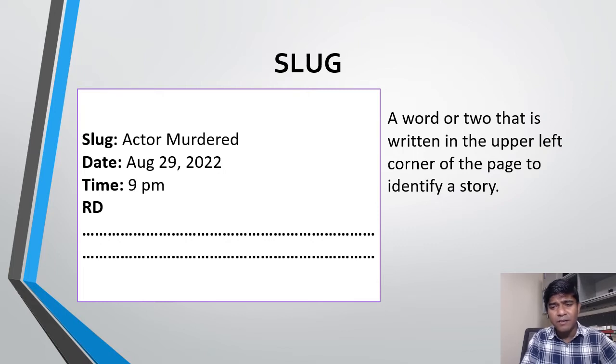For example, as a reporter, you have come to know that a popular actor was murdered last night, and you have already decided that today you will go with this story. So you begin your day by sending a slug to your senior reporter, to the sub editor, to the editorial desk: actor murdered.